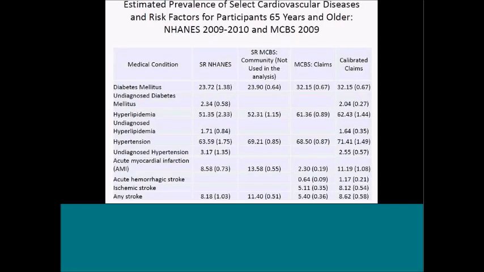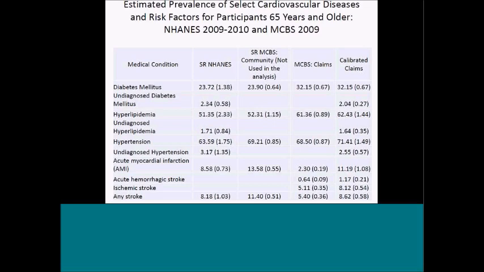So here is the data from NHANES 2009-10 and MCBS. Now you can see that the diabetes rate is 23.72% from the self-report, and MCBS is 23.9, but claims was higher in this year.